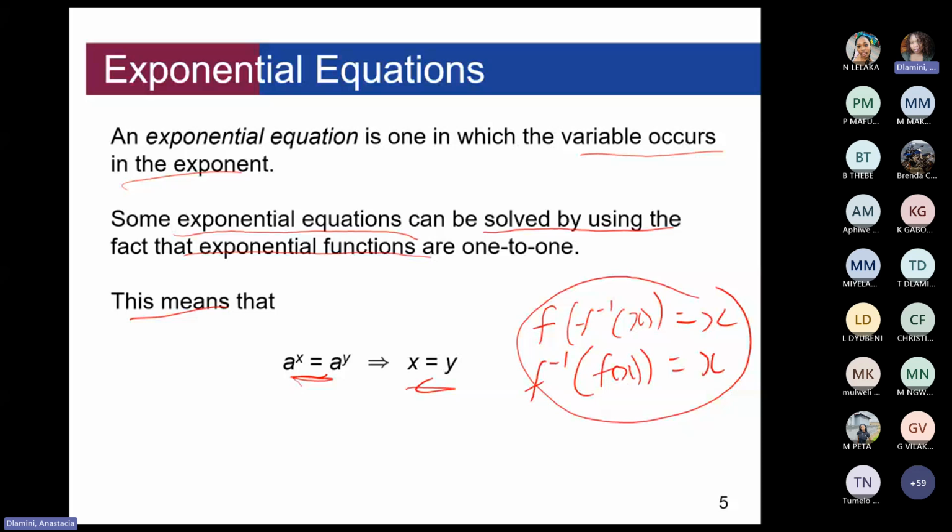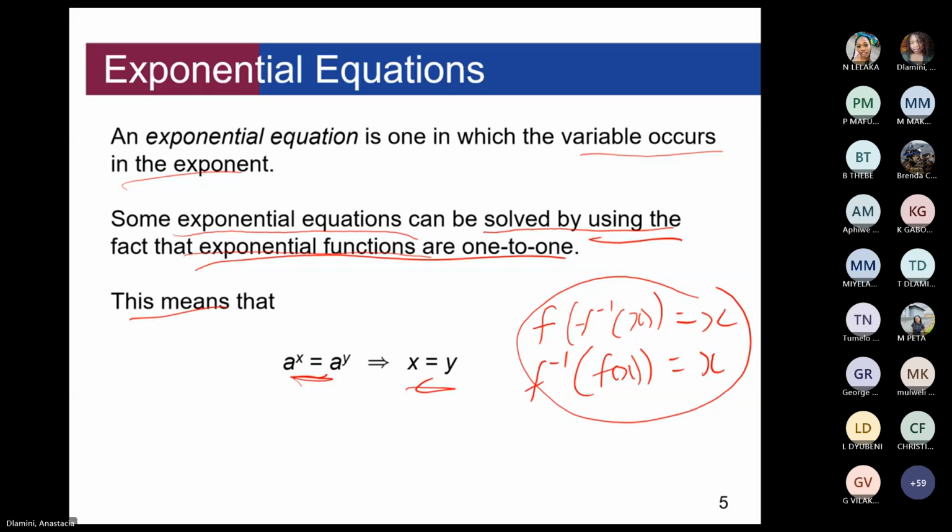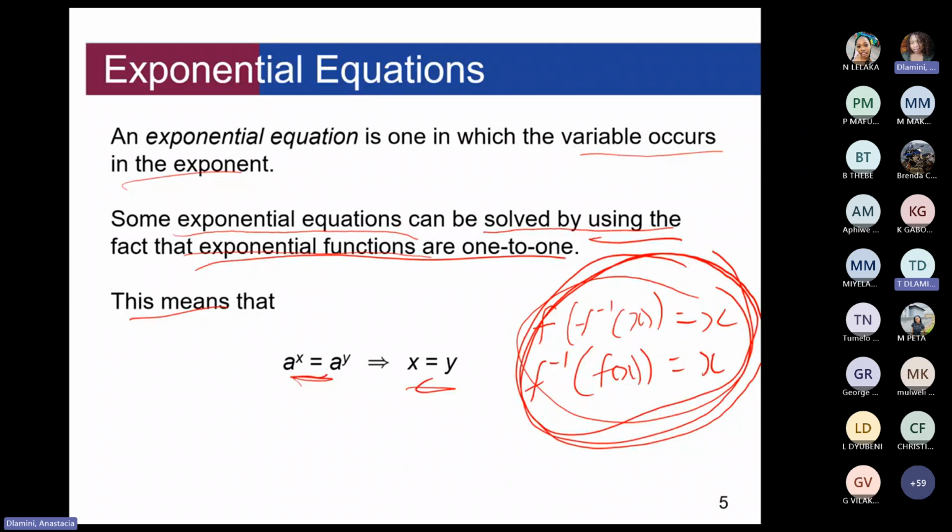Remember, by using the fact that exponential functions are one-to-one. So since exponential functions are one-to-one, this property applies. And once this property applies, it means that you need to check what's the inverse of that function. Do you see that?